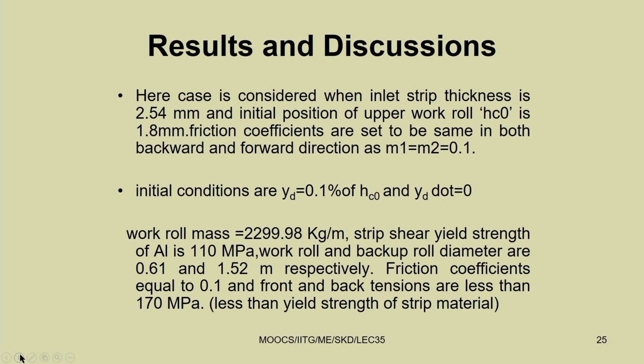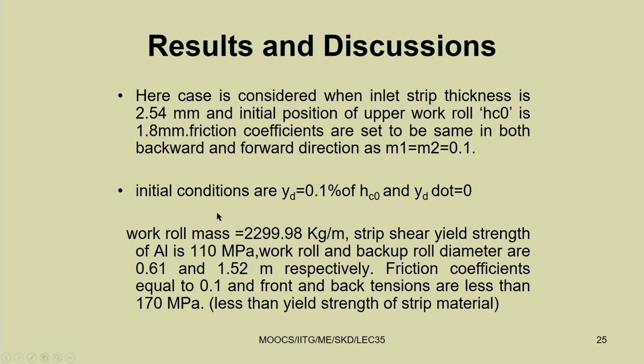We can use the Runge-Kutta method to do that simulation, or you can use a Simulink model. It may be noted that several other models can also be developed to find the response. For the initial conditions, initial y is taken as 1% of h c 0 and y dot is taken to be 0 for the simulation.